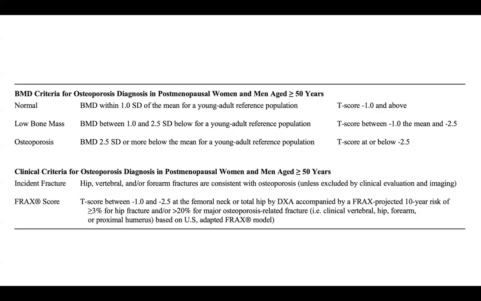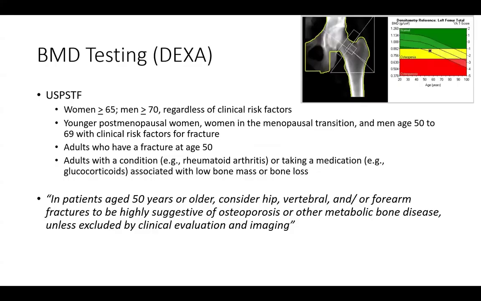So that's all adults over 50 with a fracture should get it, any fracture? Or just the highly suggestive ones? Yeah, so specifically hip, vertebral, and forearm fractures. When you think of things like finger fractures, skull, ribs, things like that, those are usually caused by some sort of more considerable trauma.